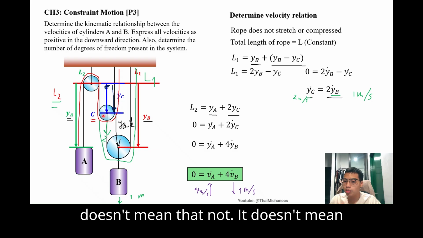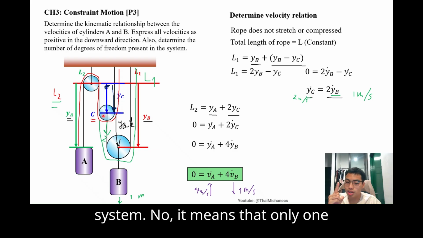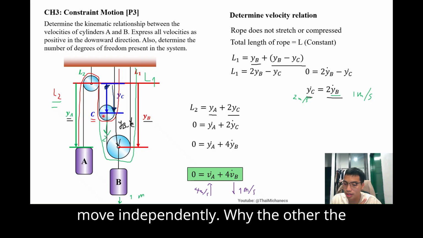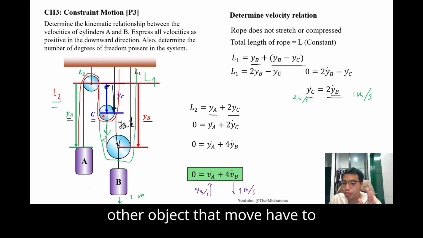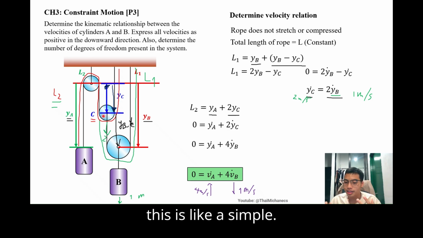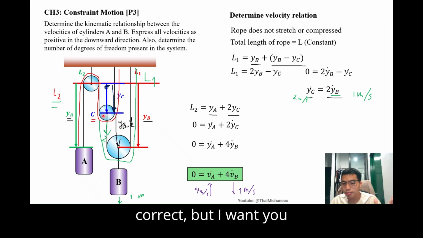If the number of degrees of freedom is 1, only one movement is allowed independently, right? It doesn't mean that only one object moves in the system. It means that only one object is allowed to move independently, while the other objects that move have to depend on this one object. This is a simple definition. It's not technically correct, but I want you to understand in simpler terms.